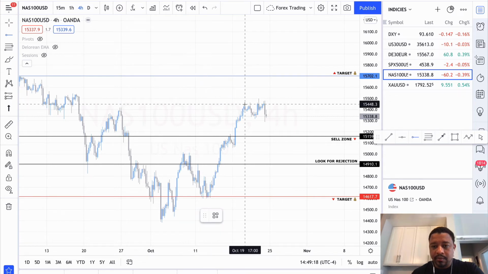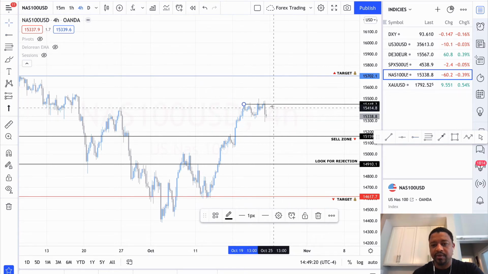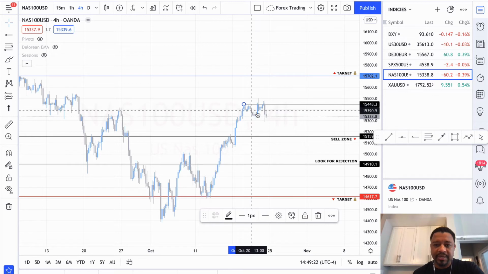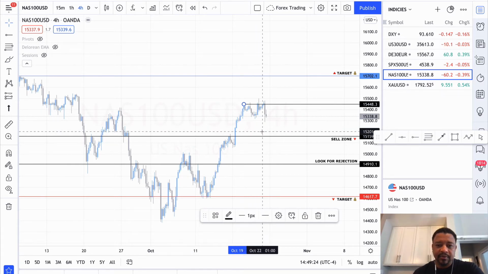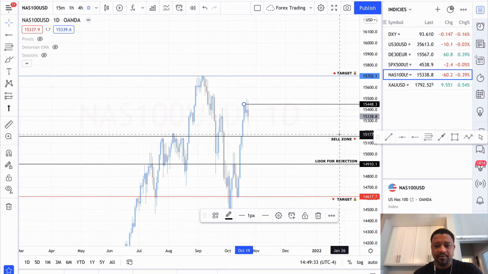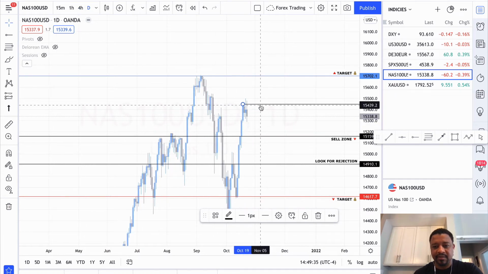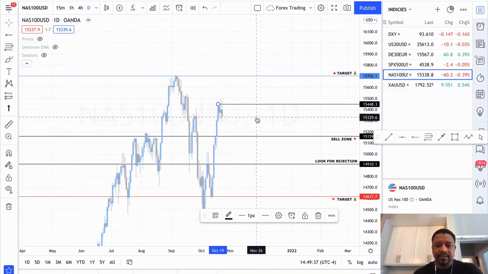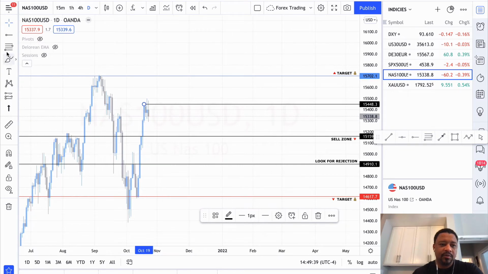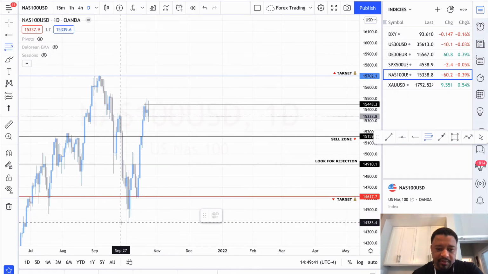Right now, this is a pivotal area. It failed to break that. Let's see if it comes back into this area. Again, this is based on larger time frame. So this is an ideal sell at the top, down to 25%.